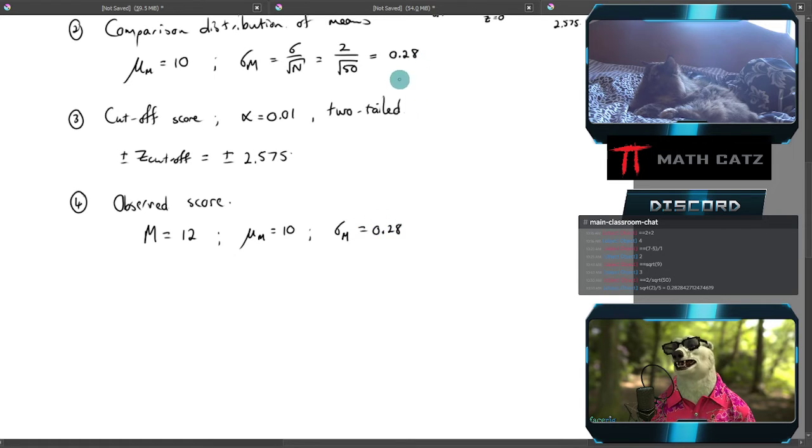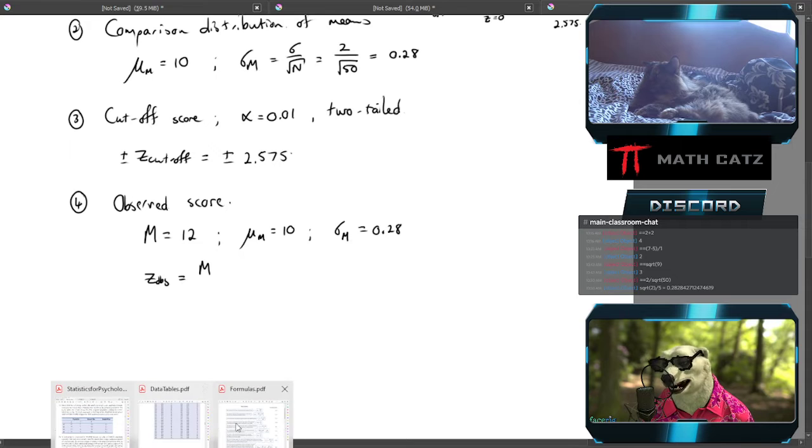Yes, I know I've rounded that. And in general, when you do things properly, you shouldn't use a rounded number in a future calculation. But when we do it by hand, we'll let that go just for the sake of convenience. But if I want to be as accurate as possible, then we should always use the most accurate values that we get until it's the very final answer. So our z observed is going to be, see, do we have a formula for that in our formula sheet?